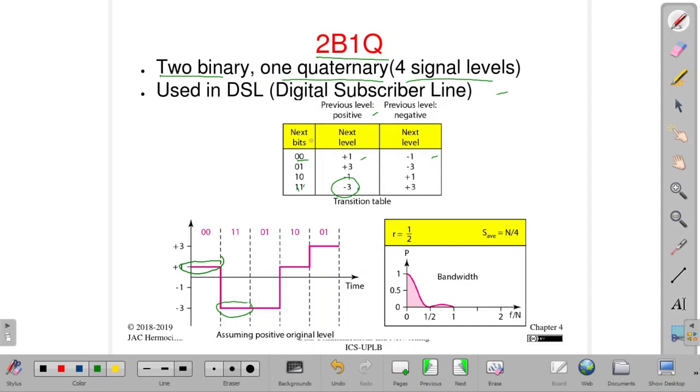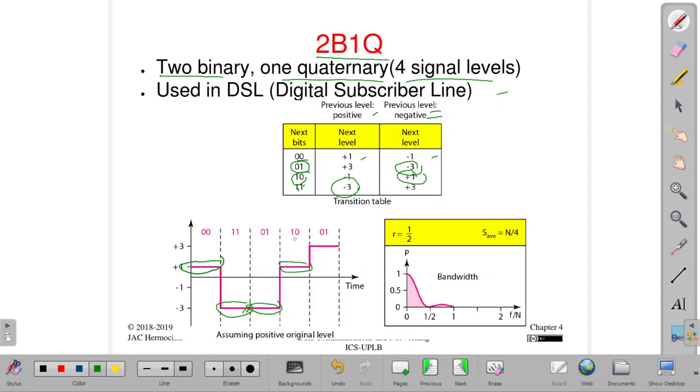If the next bits are 0, 1 and the previous level is negative, then the signal is negative 3. If we have 1, 0 and the previous level is negative, then we have +1.